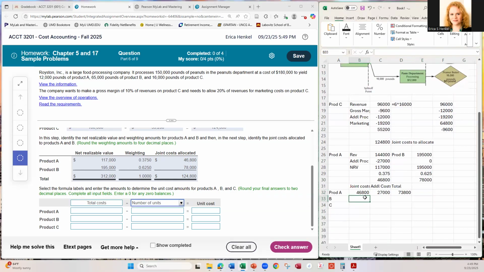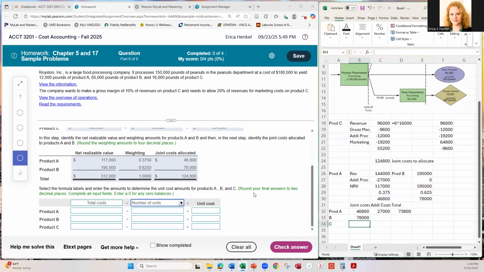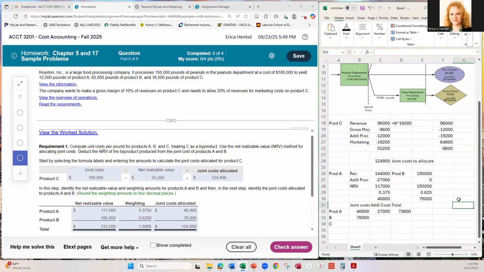And then here we're going to have joint costs of 78,000. And down here for product C, the joint costs that we allocated were, hold on a second here, the difference there, right? So hold on. $55,200. Oh yeah, right up there.